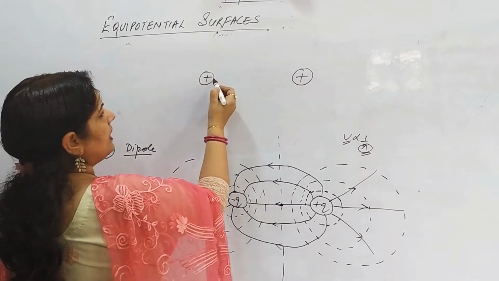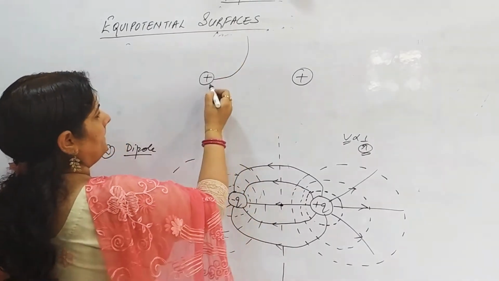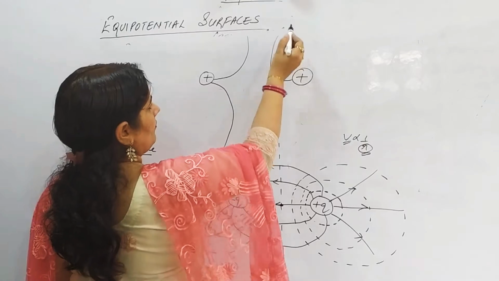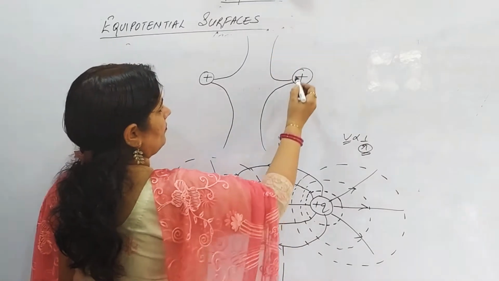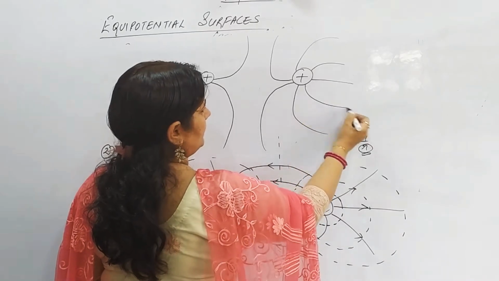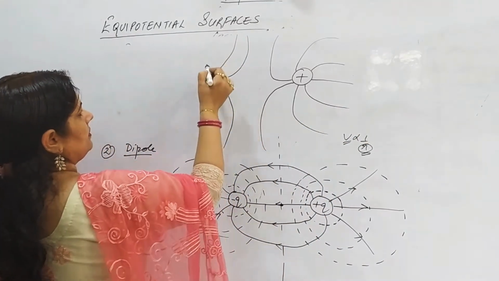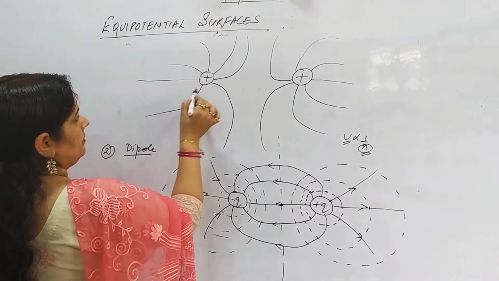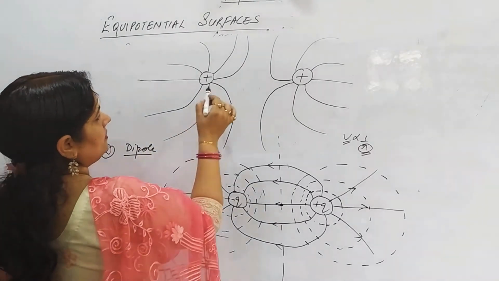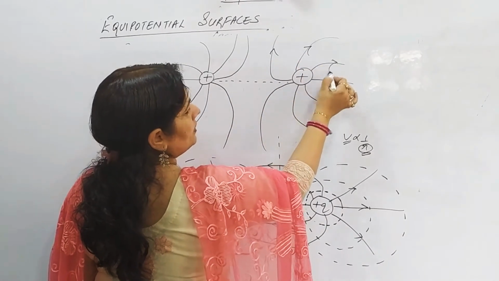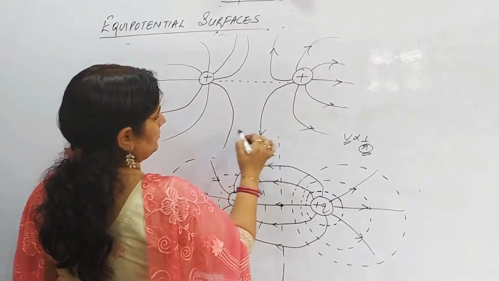We know the electric field lines. Like this, and then like this. All the field lines are outward because they are repelling.